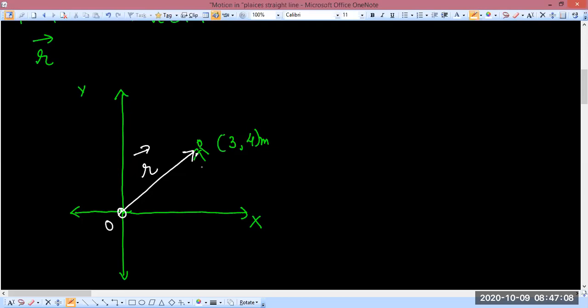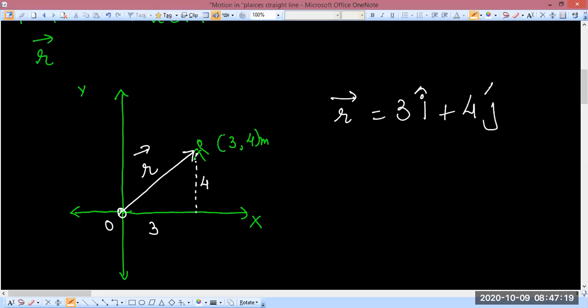So do you understand that this distance is 3 and this is 4? How many of you understood this?